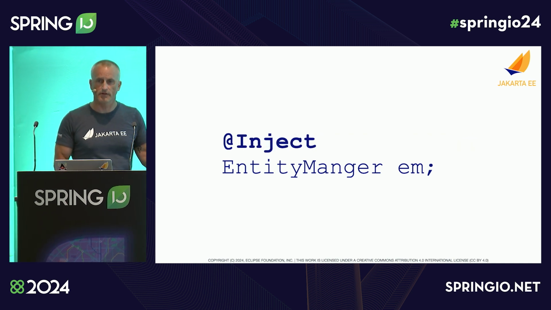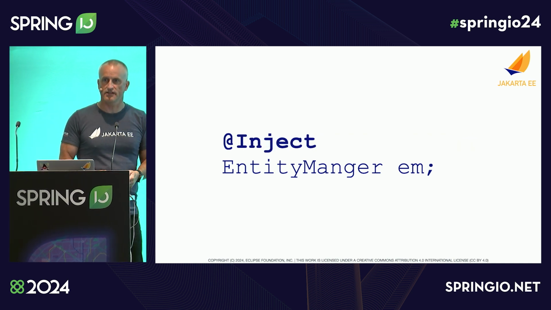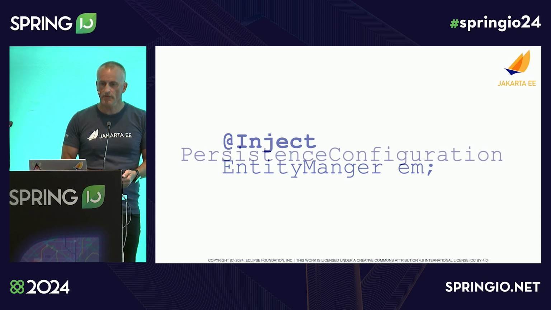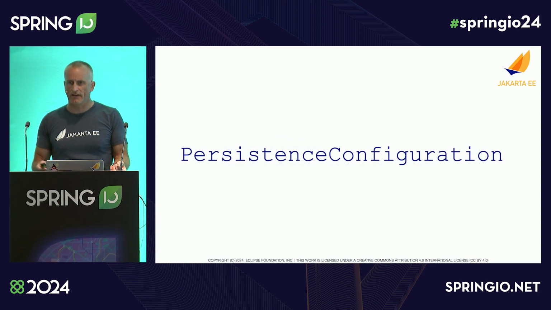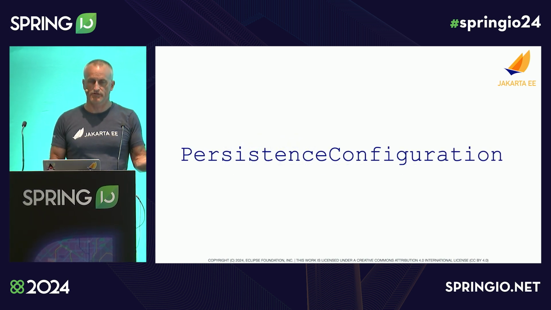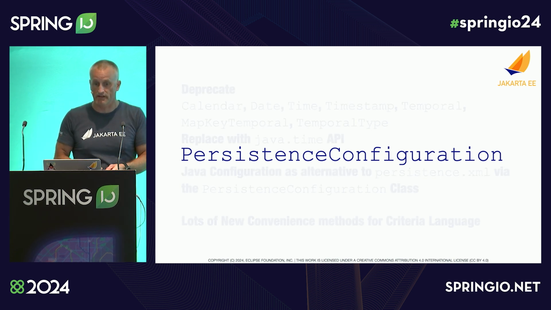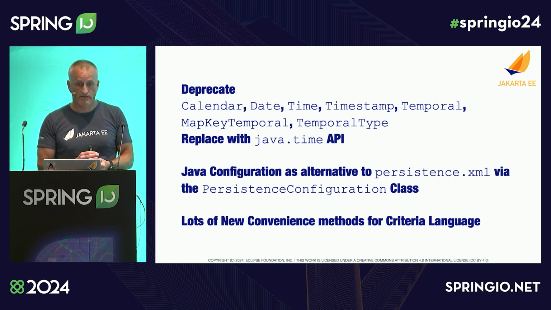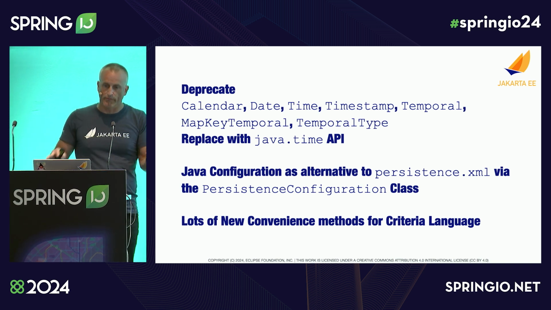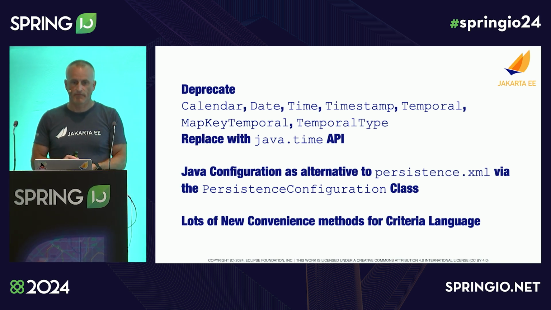So we're kind of going towards a CDI only model. You can do a programmatic configuration of persistence, so you don't need the persistence XML if you for some reason are using that. I mean, it's better configuration in Spring, so you probably should just stick to whatever that is. But if you for some reason want to do programmatic configuration, you can do that directly.